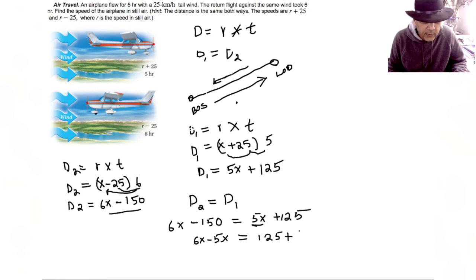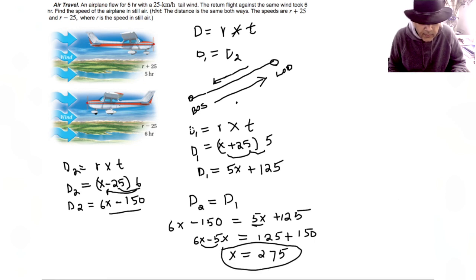This side is negative, the other side gonna be positive, so 150. So 6x minus 5x is gonna be x, and 150 plus 125 is 275.